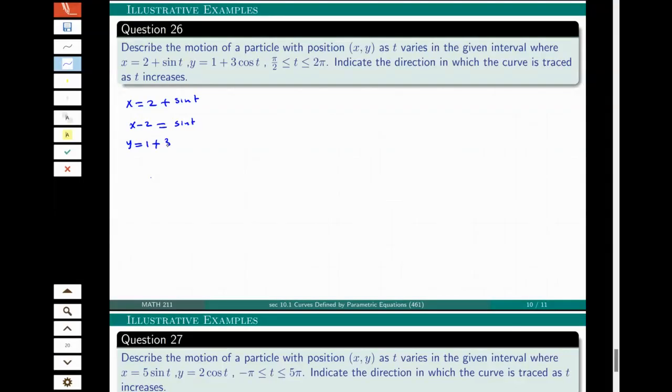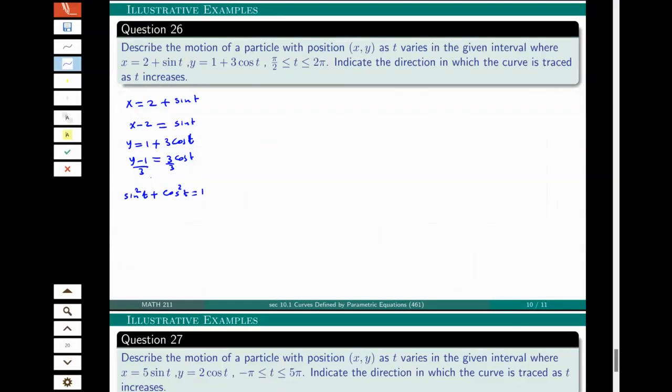And I have y is equal to 1 plus 3 cosine t. So I'll say y minus 1 equals 3 cosine t. So I'll divide by 3 here, divide by 3 there. So I will get sine squared t plus cosine squared t is equal to 1.